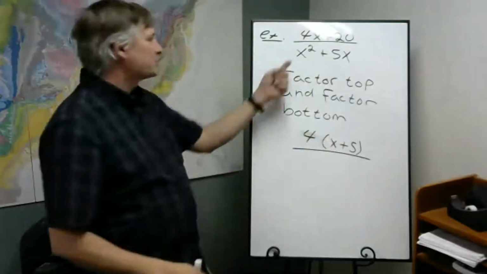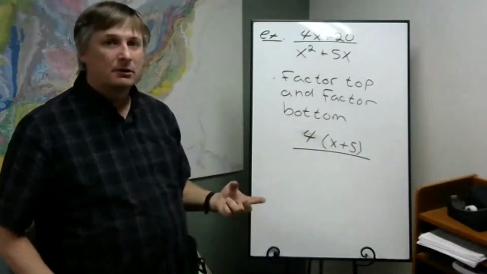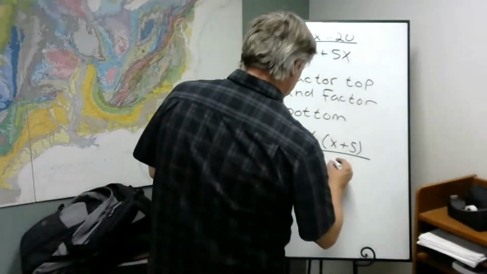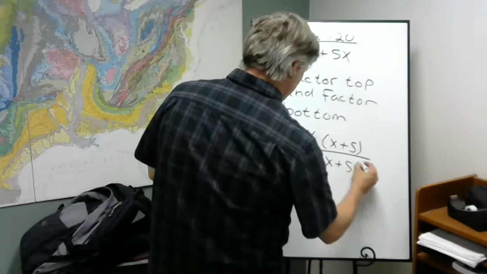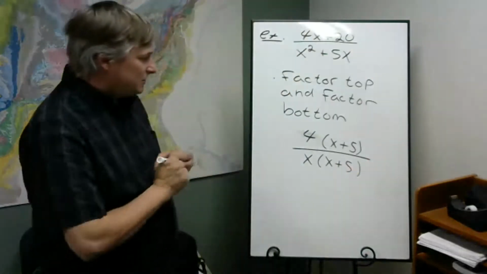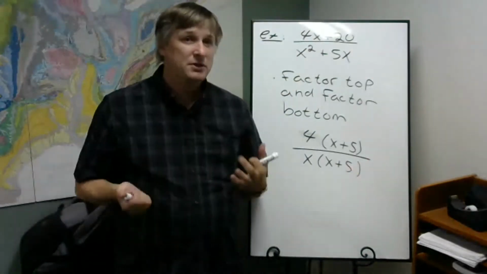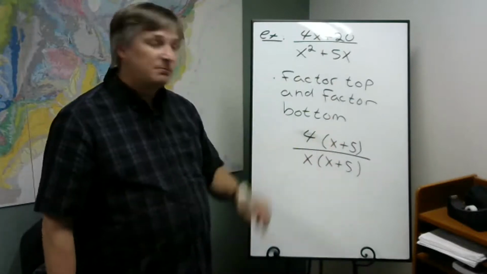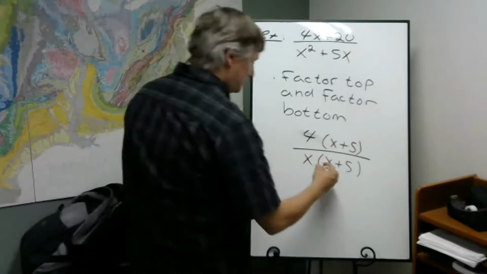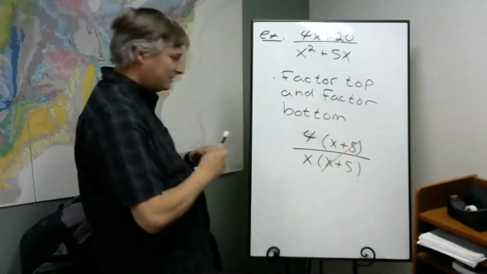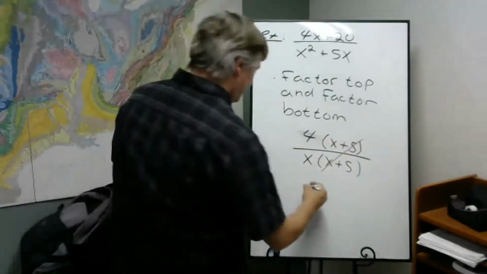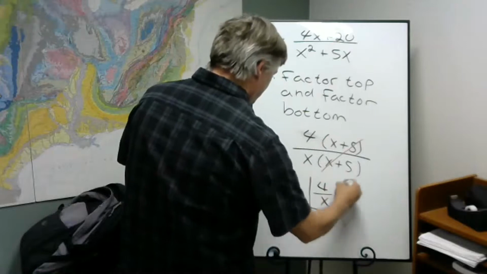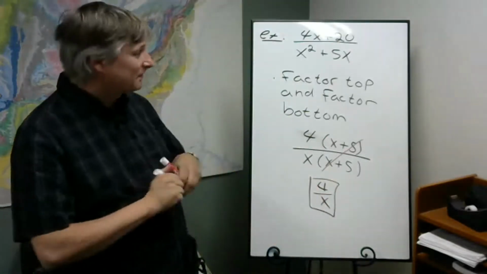Now, in this bottom one here, what's common to these two terms is just x. So just like we can cancel numbers when we reduce fractions, we can cancel these binomials. So these will cancel, and we're going to be left with 4 over x.